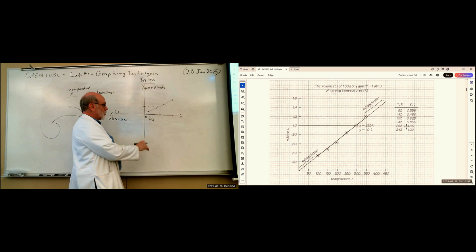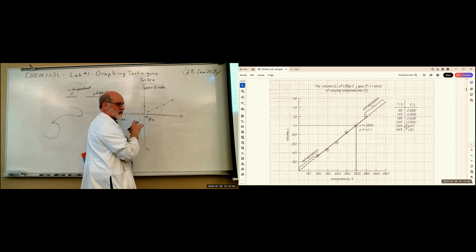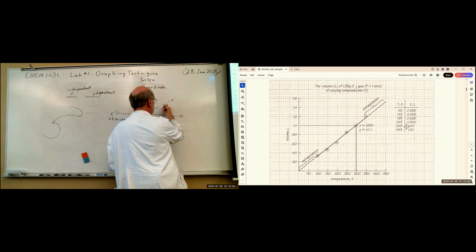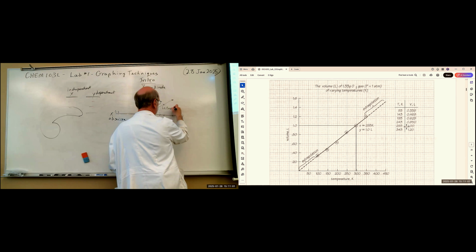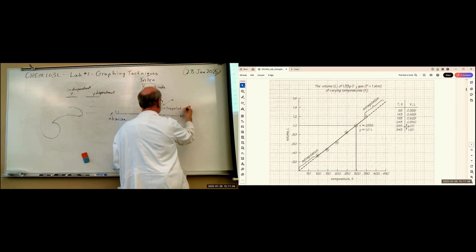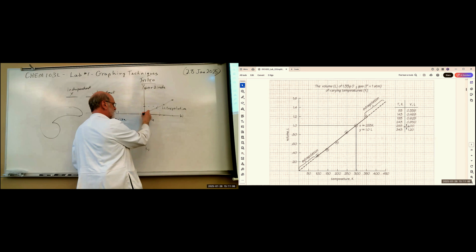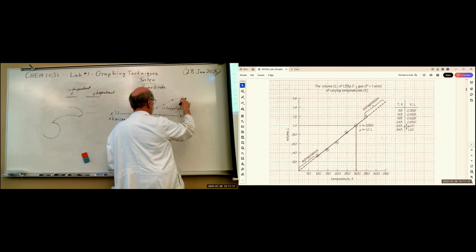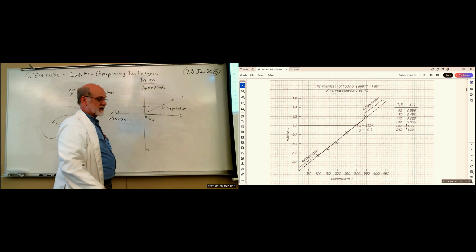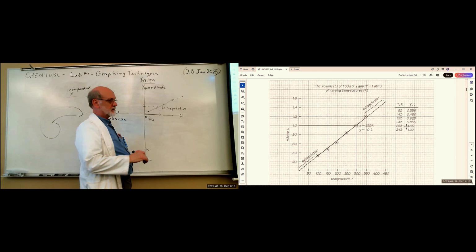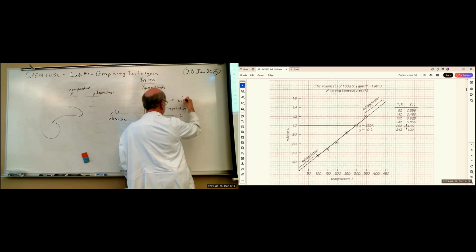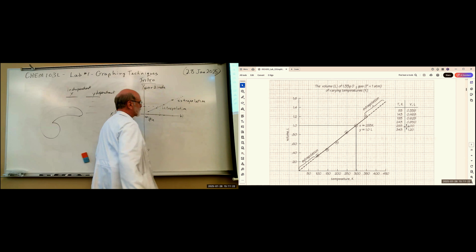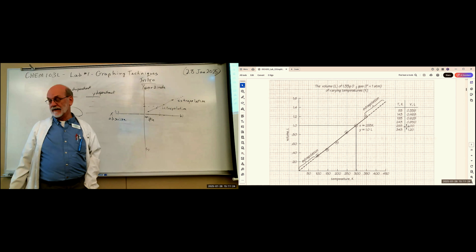Okay. When you do it within the points that you've determined by experimentation, that's called interpolation. And that's the safest place to be. If you're forced to go outside that, say you extend the line, and you use that what if on those extended parts, that's called extrapolation. And extrapolation can be dangerous, right?